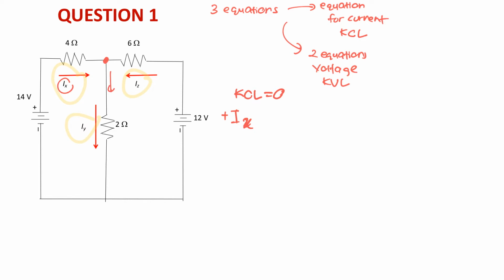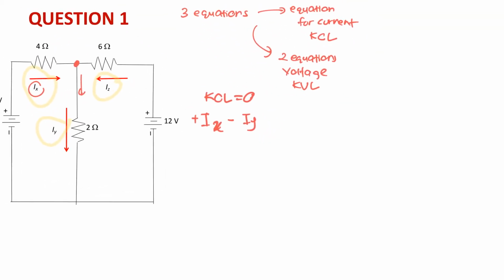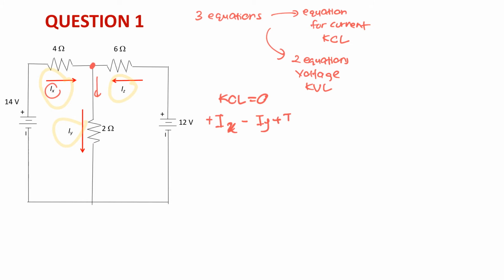IY is leaving the node, so it is negative. And IZ is going into the node, so it is positive. So IS minus IY plus IZ equals 0. That is the first equation, which you will use later to find the unknowns.